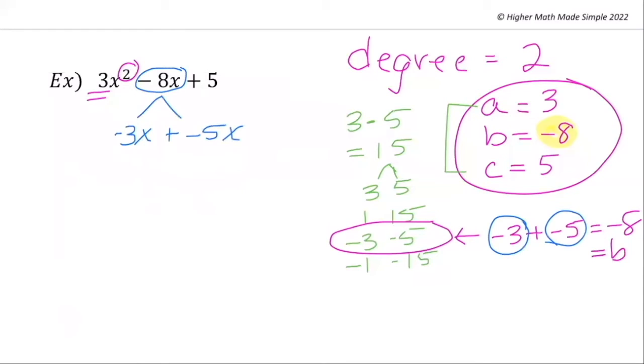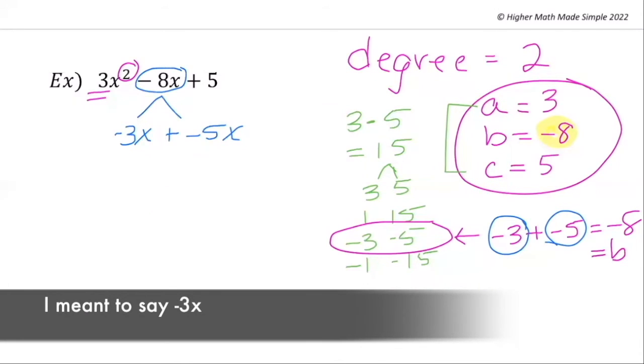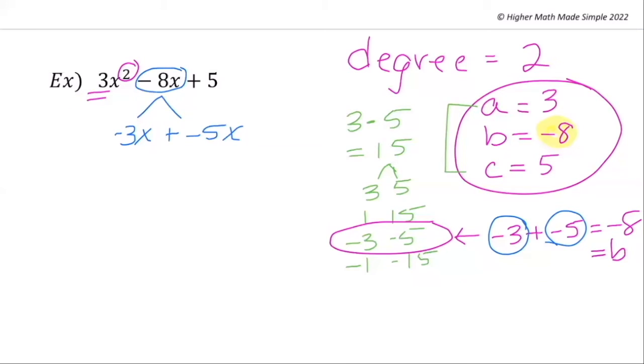Why do they have x's attached to them? Because negative 8 is the coefficient of an x term. So in other words, these are like terms. Is it true that negative 3x plus negative 5x is equal to negative 8x? Yes. So we are not changing the problem at all by doing this step.